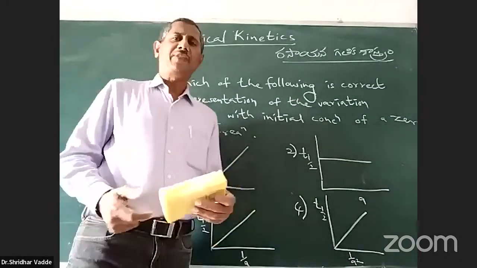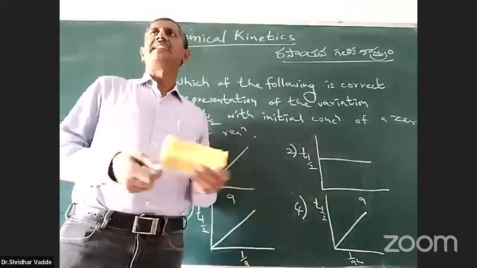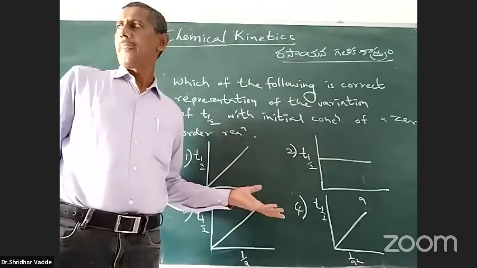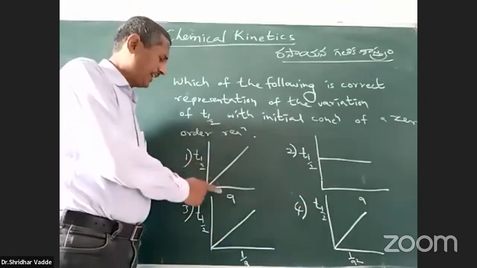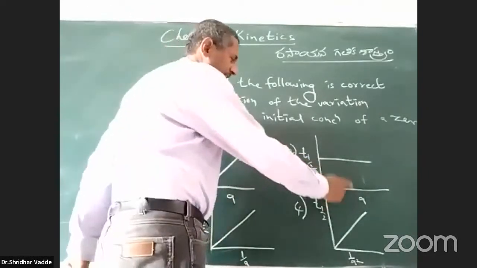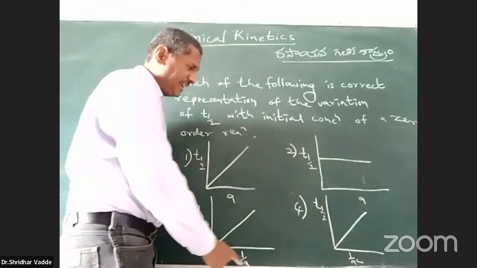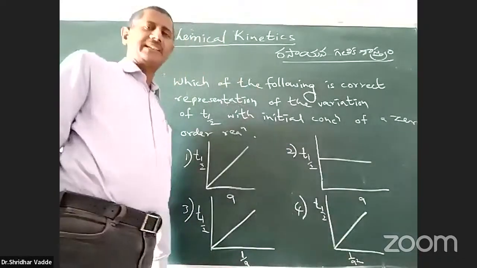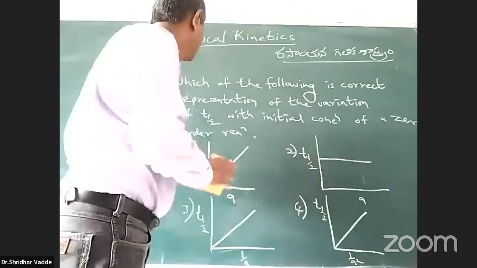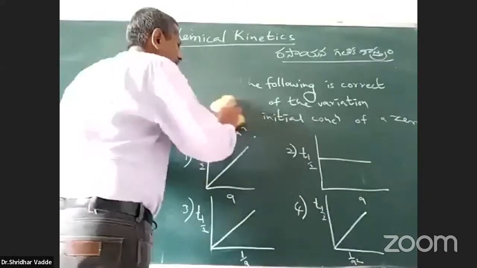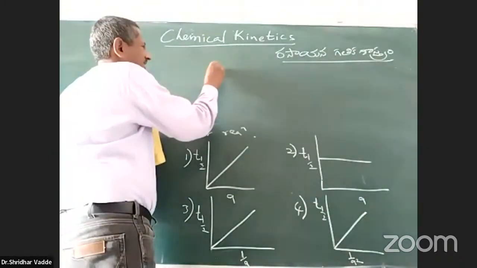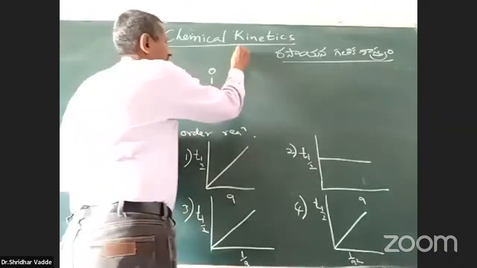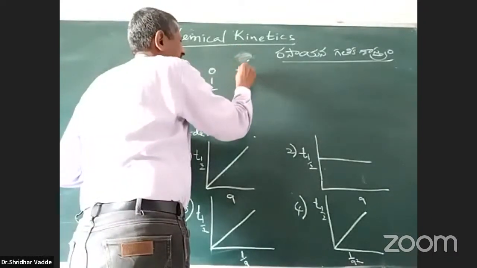So look here, my dear friends. I told you yesterday, generally we can expect a question regarding graphs like that. This is t half versus A, t half versus 1 by A, and t half versus 1 by A square. Here, for the half-life, now what can we say? Zero order reaction, first order reaction, second. For zero order reaction, t half is equal to A by 2K.